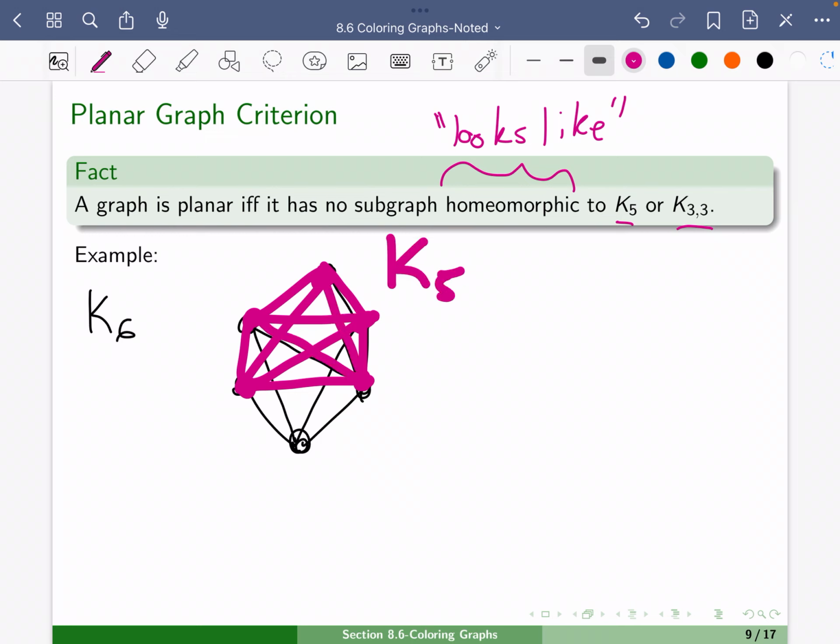So we see K5 showing up in here. K6 has a subgraph that looks like K5.